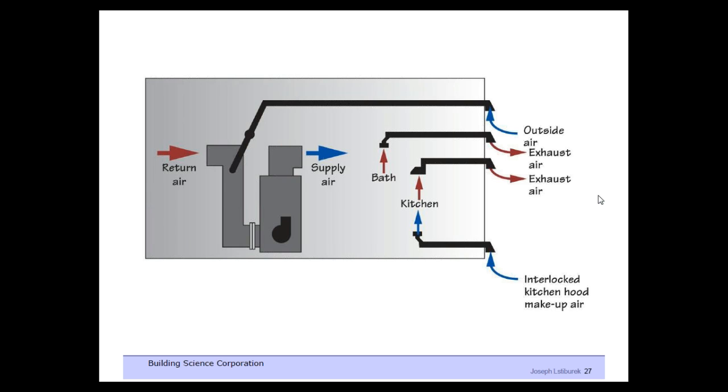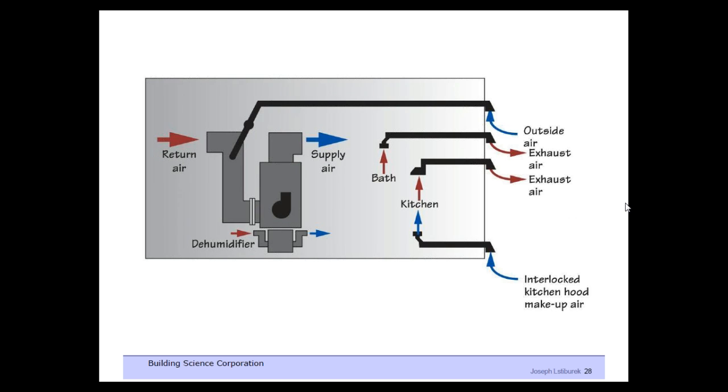The air handler is operating continuously, and it's basically operating in conjunction with continuous bathroom exhaust. This is what I would view as the minimal acceptable approach, and then you have basically condensing dryers. Next. You add the dehumidifier south of the Mason-Dixon line.